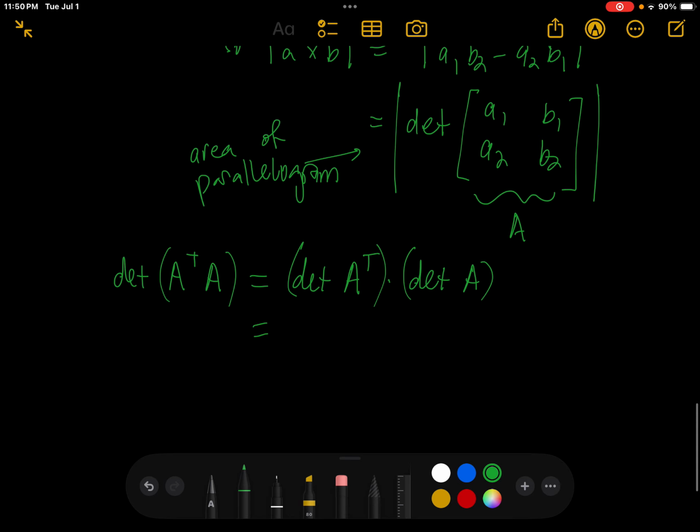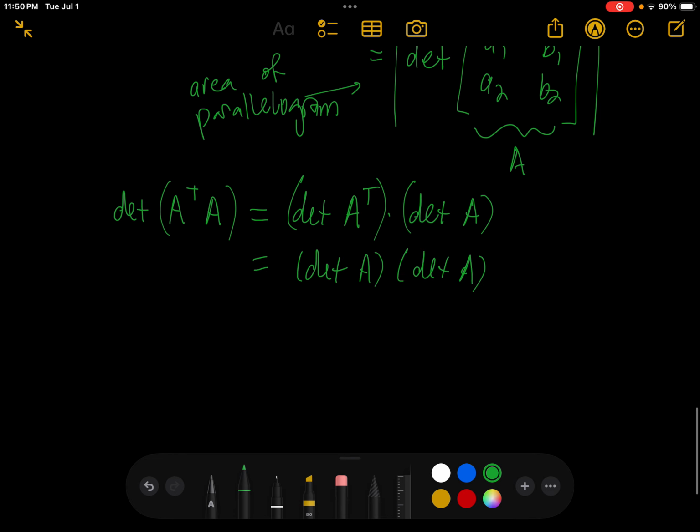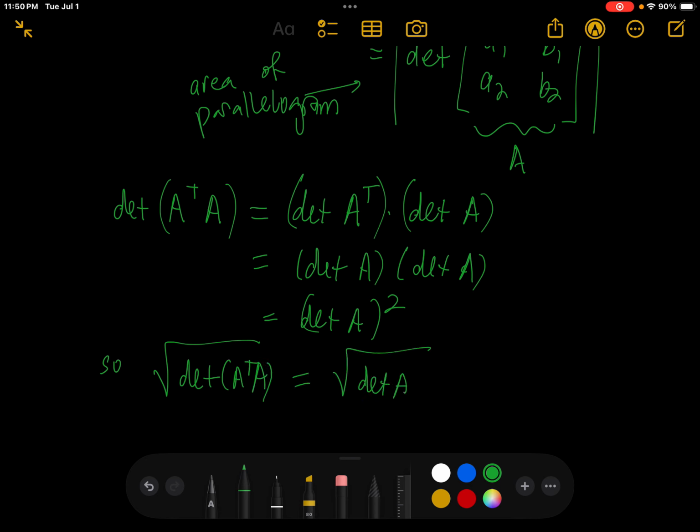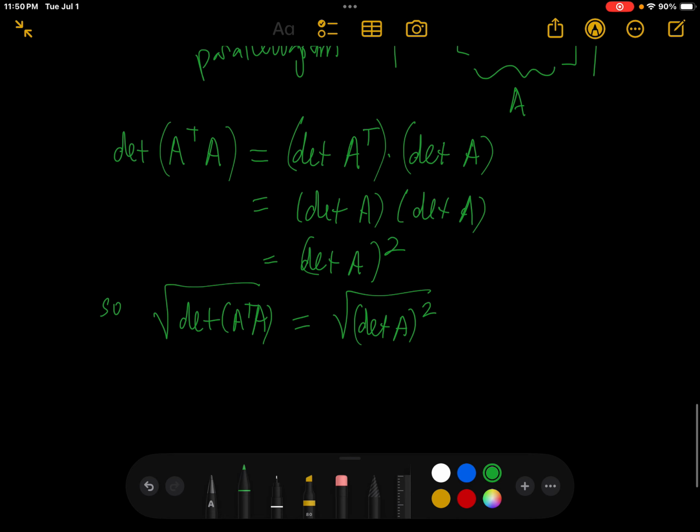And the determinant of A transpose is the same as the determinant of A. That's a property of determinants. So you have the determinant of A times the determinant of A. That's the determinant of A in parentheses squared. So the square root of the determinant of A transpose A is the square root of the determinant of A squared. Well, if you take a number and you square it and then take the square root, you took the absolute value. So it's the absolute value of the determinant of A.